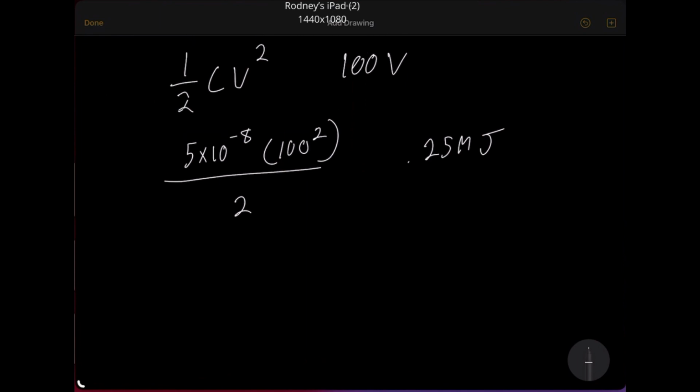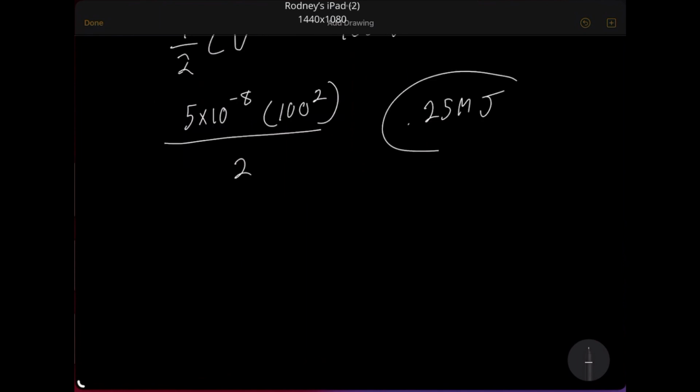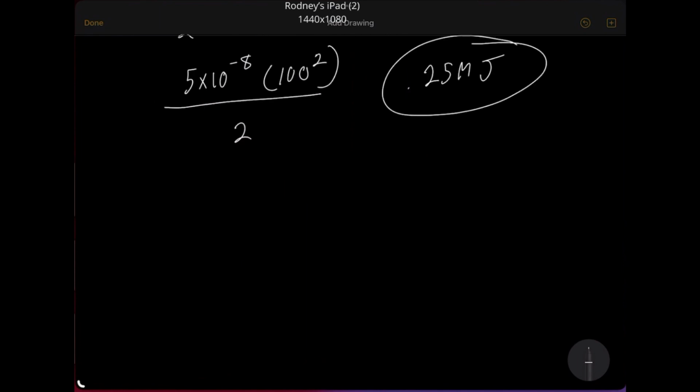So we start with 0.00025 times 0.2. We get 5 times 10 to the negative fifth is going to be equal to 1 half C V squared.